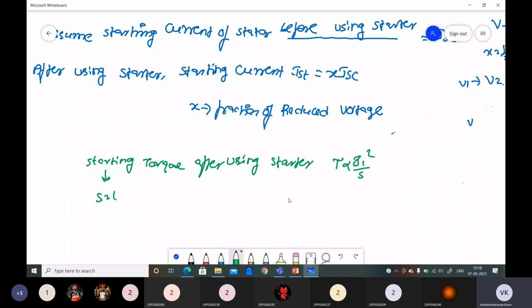So starting torque TST is proportional to IST whole square.